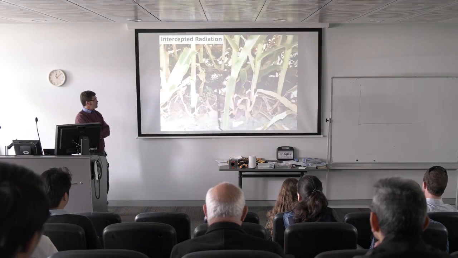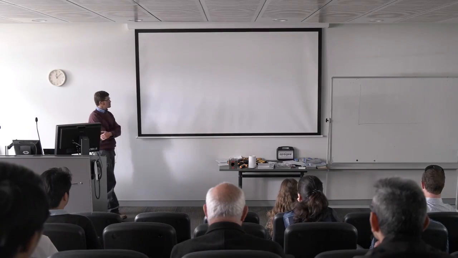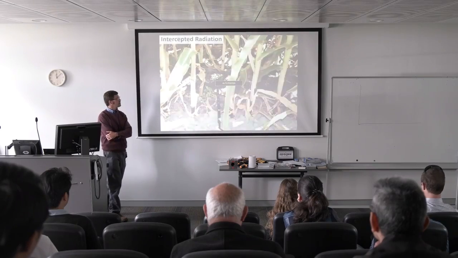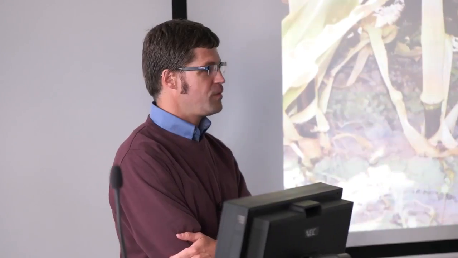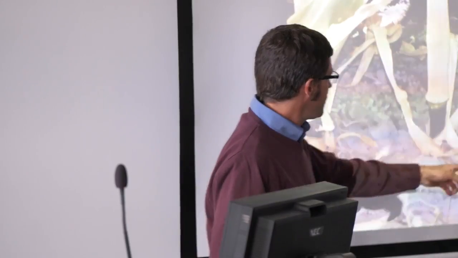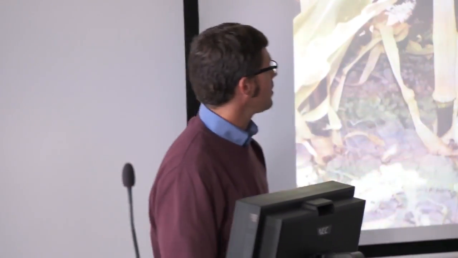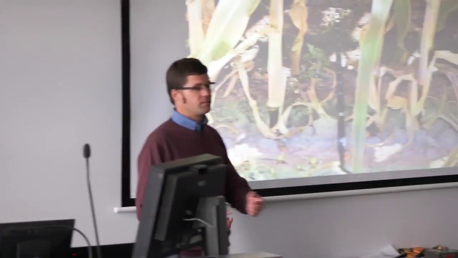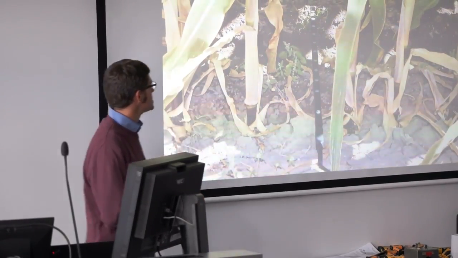And so I have a picture here of what's called a line quantum sensor, making a measurement of the radiation underneath a corn canopy. So here I'm showing a crop canopy, but you could do this for a pasture or an orchard or a forest, whatever you were interested in.